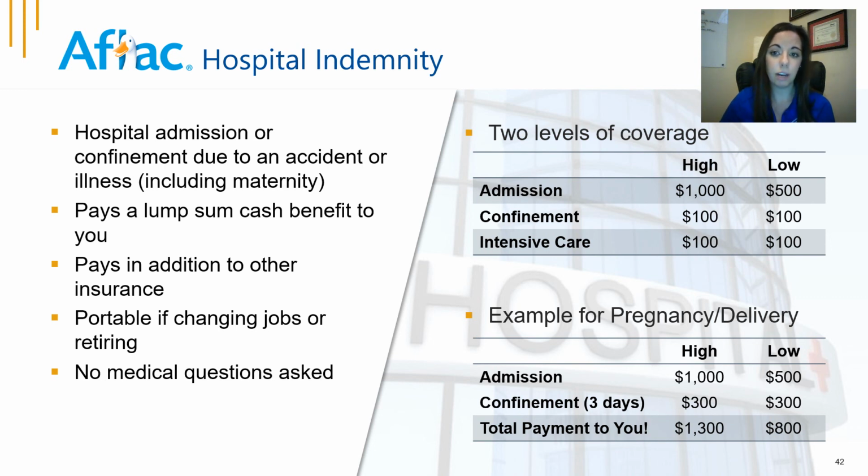The high plan covers admissions up to $1,000 and the low plan covers admissions up to $500. The confinement and the intensive care on both high and low are equal. So there's an example here shown for pregnancy or delivery, just with that different admission benefit of $1,000 or $500 with confinement of up to 3 days, and you can see the difference in the total that's paid to you.